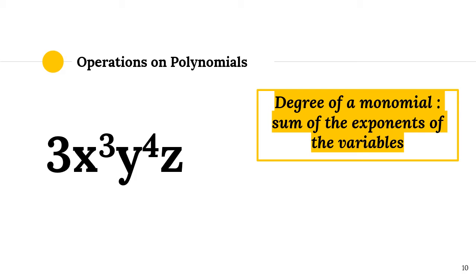Again, you're going to add the exponents of the variables only. Sometimes, in order to confuse you in the quiz, the coefficients have exponents as well, but you don't need to add up the exponent of a coefficient.